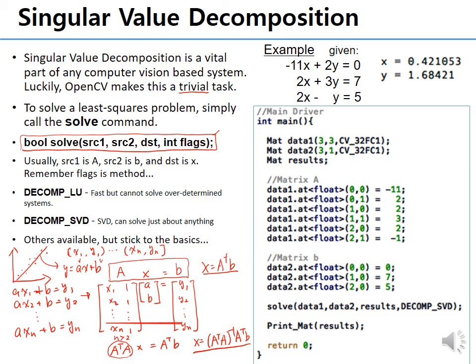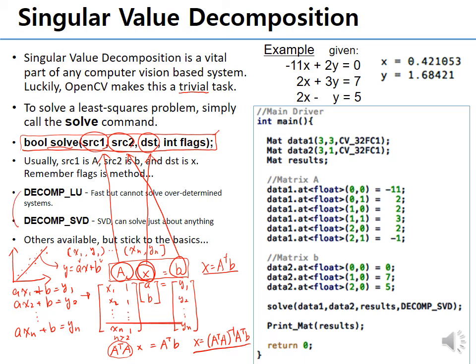Okay, so solve means source 1, source 2, destination. Source 1 is this A, and source 2 is b. Destination is the x, the answer. The flag is the method: LU decomposition and SVD decomposition.